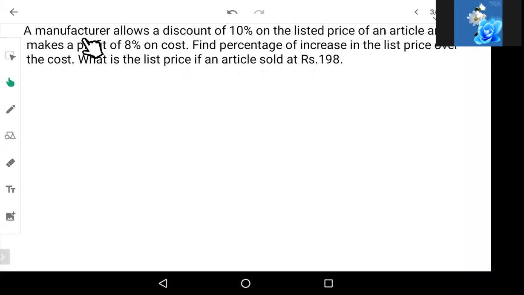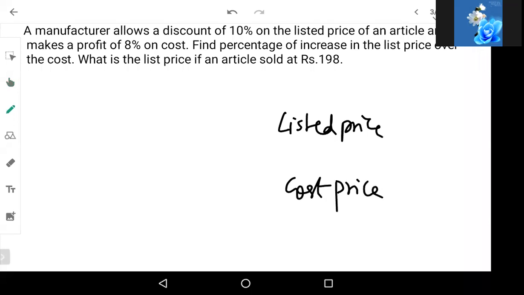So there is a type of ratio and proportions that you can expect here. Listed price and cost price are the two prices given in this problem. Listed price is the one put on the article, a separate sticker which just gives you the price.